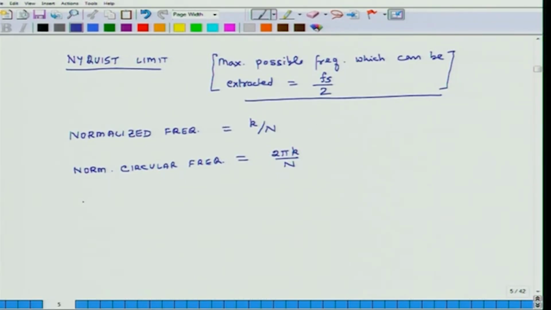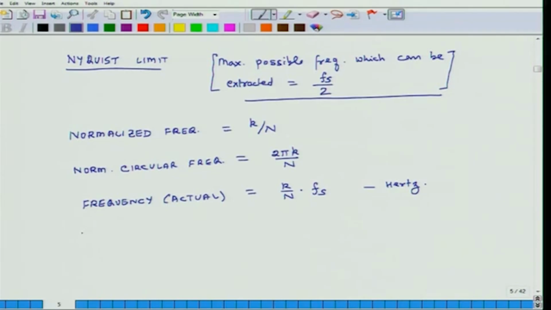Then there is the actual frequency which corresponds to xk, and that is k over N times Fs, which is the sampling frequency. Its units are in hertz, or 1 over t units.